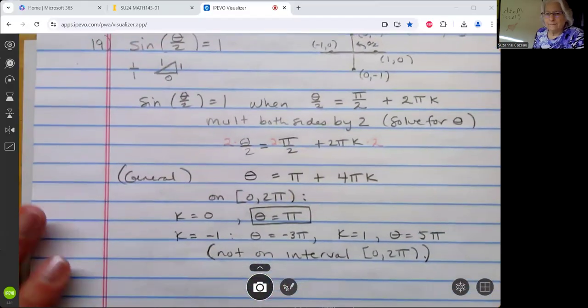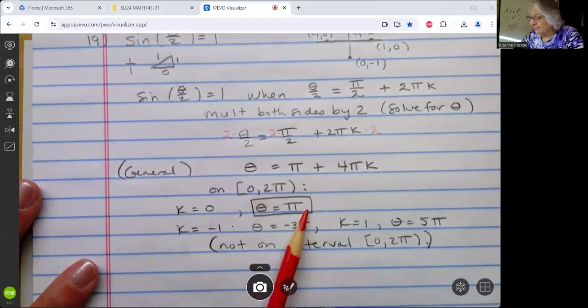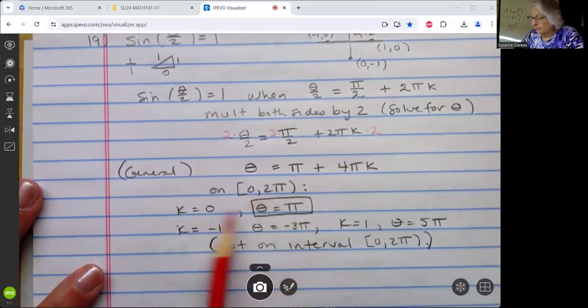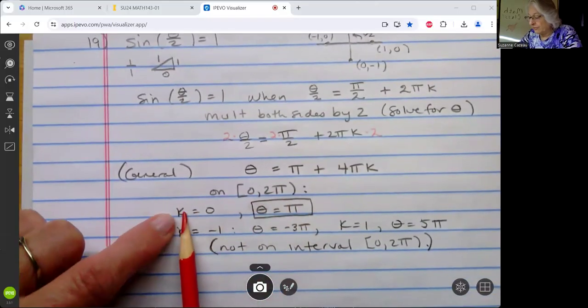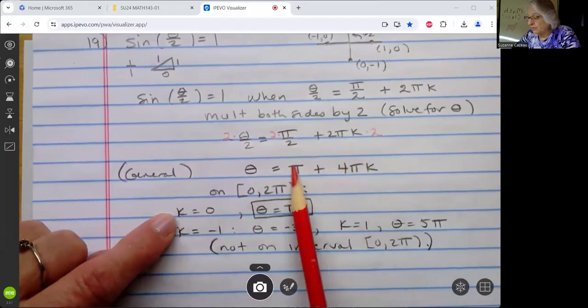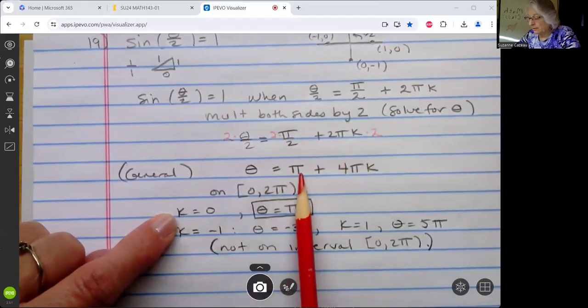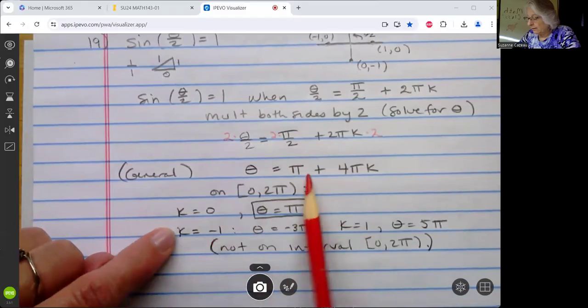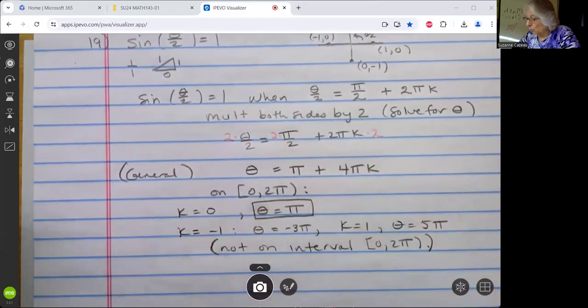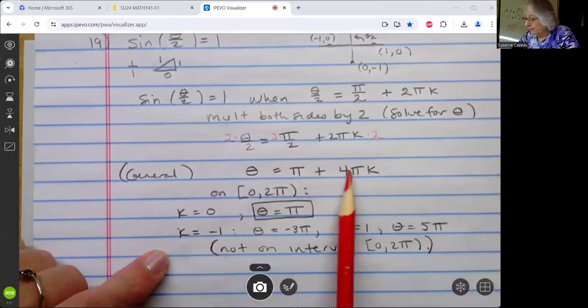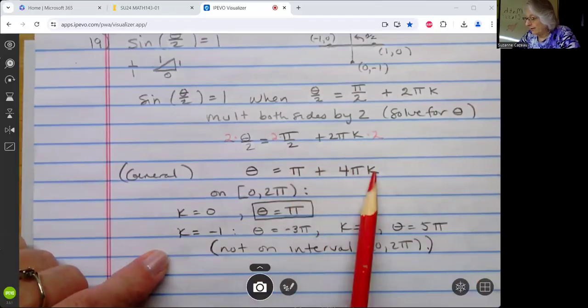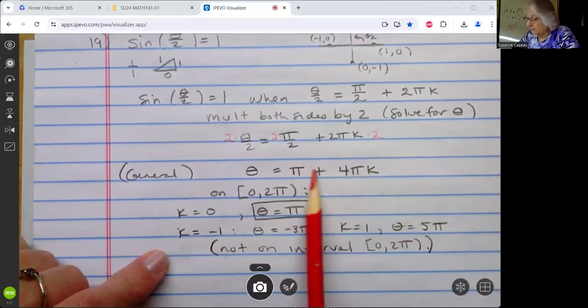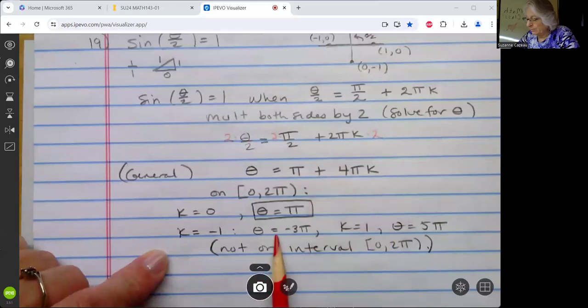Now on 0 to 2 pi, if k is 0, then you just got theta is pi. If k is 1, then you've got 5 pi. Or if k is -1, then you've got negative 3 pi.